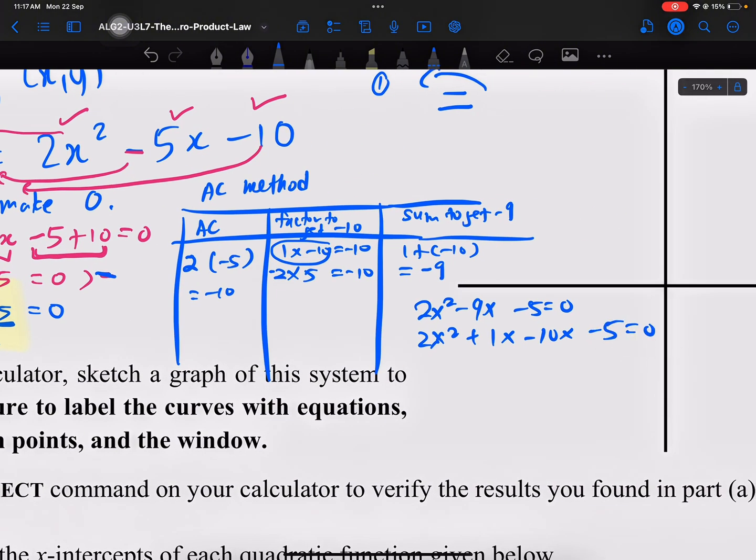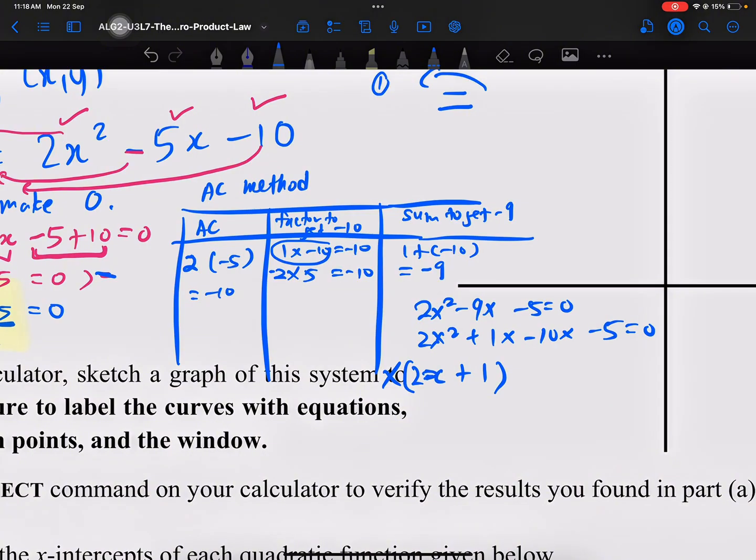Then factor out. I can factor out x, and then plus 1, 2x plus 1.